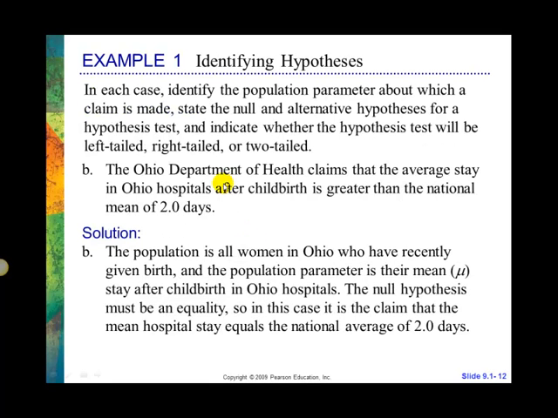The next one here says the Ohio Department of Health says that the average stay in hospitals after childbirth is greater than the national average of 2.0 days. Again, very easy for us. We know we're dealing with population mean, mu, because they've said mean in it already. And we know that we're going to have a right-tailed test, because this is greater than.